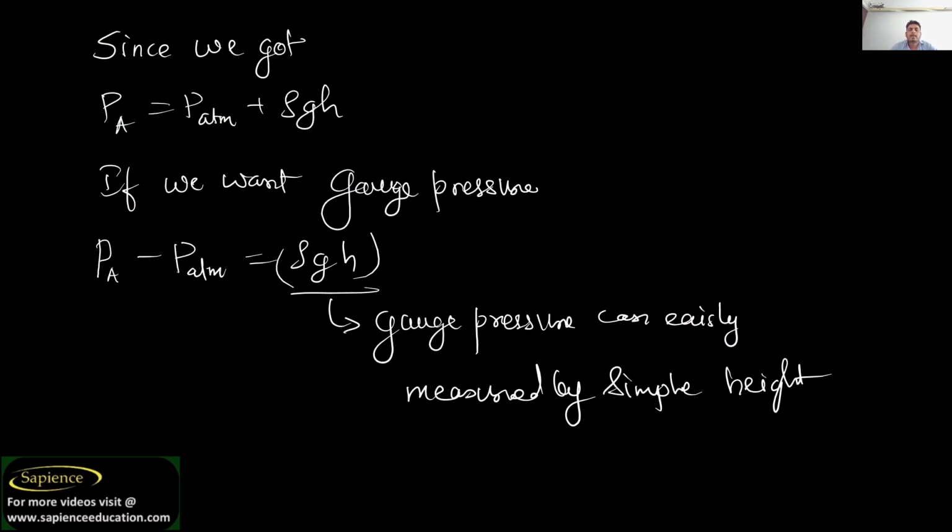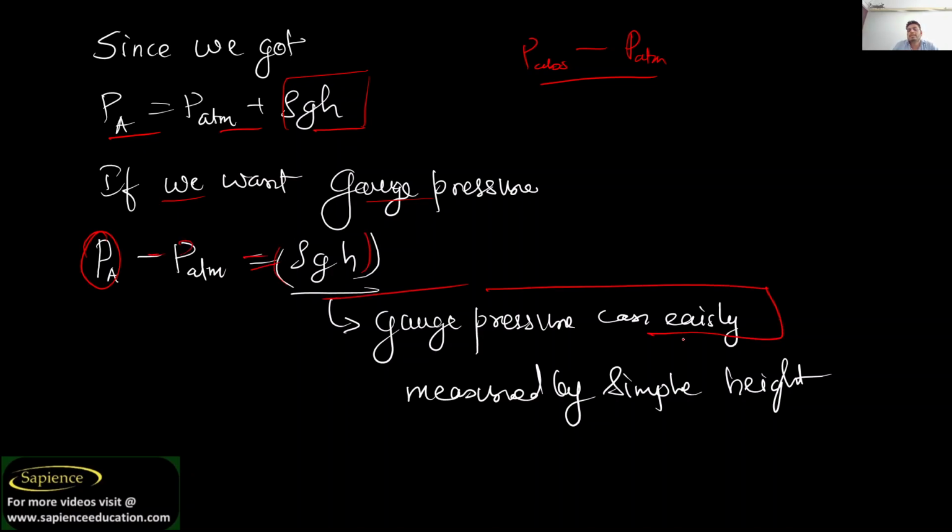Now, since pressure at A is equal to atmospheric pressure plus rho gh, if you want gauge pressure, you know that gauge pressure is equal to absolute pressure minus atmospheric pressure. So here, absolute pressure at A minus atmospheric pressure will be equal to rho gh, and this is called gauge pressure.